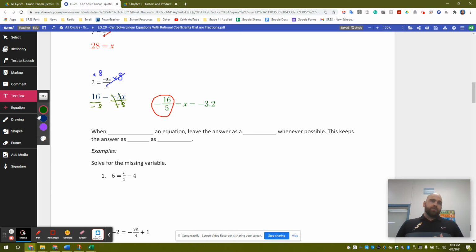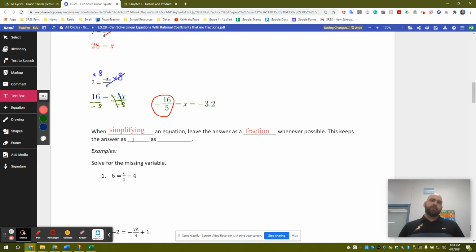Now I'm going to go through that again, and this time a little bit more in words. When simplifying an equation, we're going to want to try to leave the answer as a fraction whenever possible.